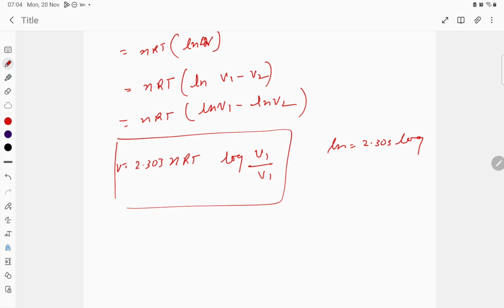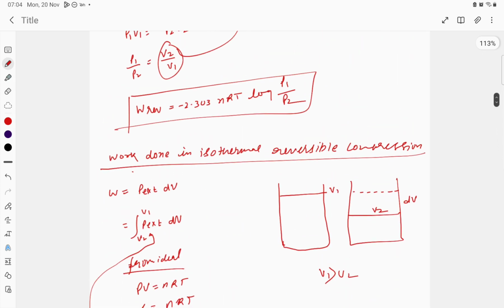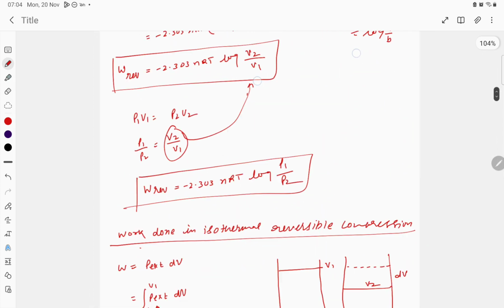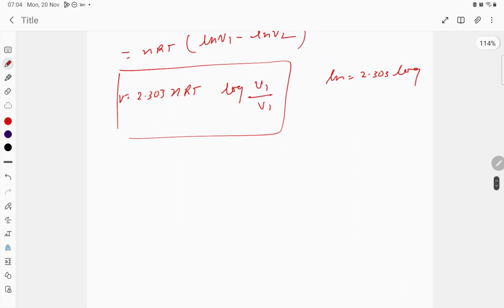Earlier you found it was V2 upon V1, but here it is V1 upon V2, and the sign is positive.